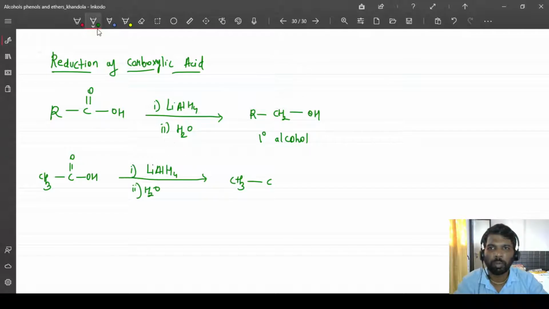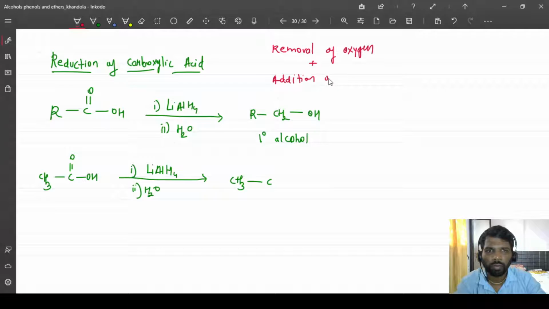In the case of carboxylic acid, you can remember removal of the oxygen, right? Removal of oxygen plus addition of hydrogen. Both these things are taking place.